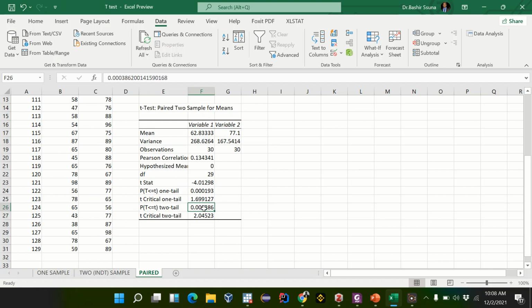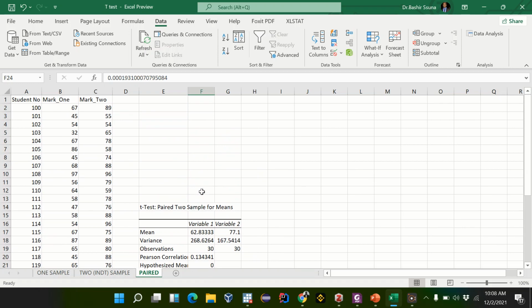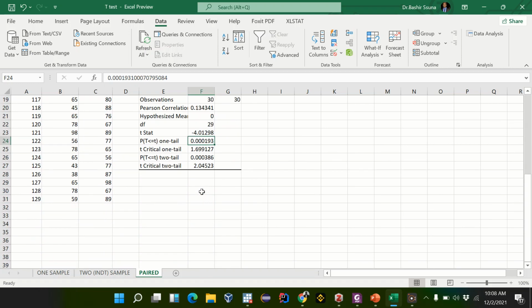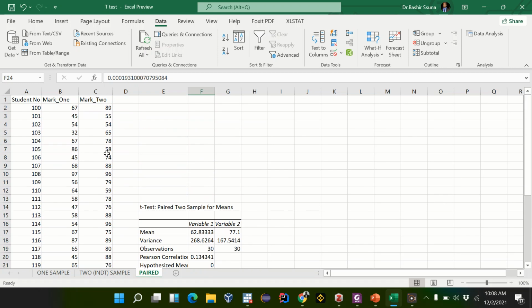This is the p-value for one tail and for two tails; they are both less than 0.05, which is statistically significant. So we conclude that the mean mark of a repeat test is statistically different from that of the first test.